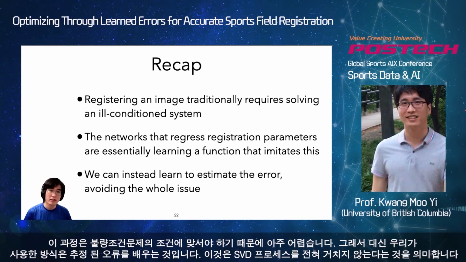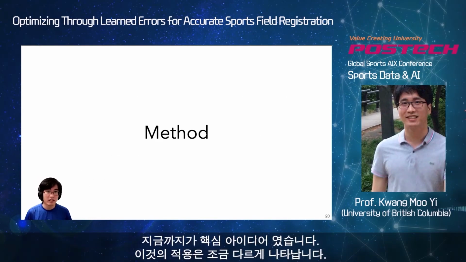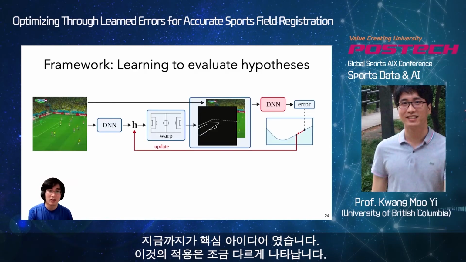So what we can do instead is to learn the estimated error. And this means that we don't go through this SVD process at all. We just learn a different quantity, and we use the differentiability of neural networks to then enhance our results instead of getting a direct solution. So that's the core idea. Now, how we implement this is a little bit different.